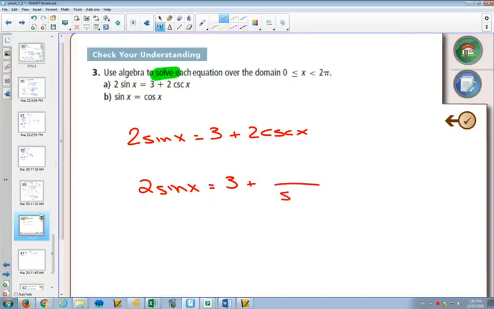I'm going to put sine on the bottom because this is another good question to ask. What should I put on the top? Where does the 2 go? Does the 2 go down with the cosecant, or does the 2 stay where? Should this be 1 over 2 sine x, or should this be 2 over 1 sine x, or should this be 2 over sine x? What should it be?